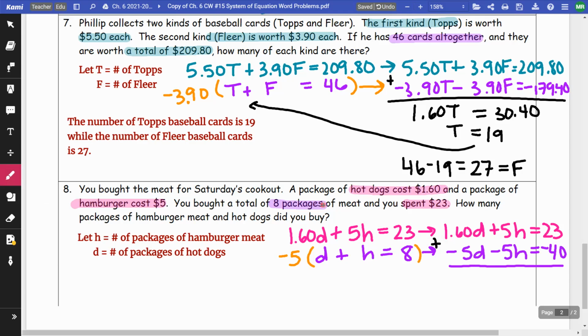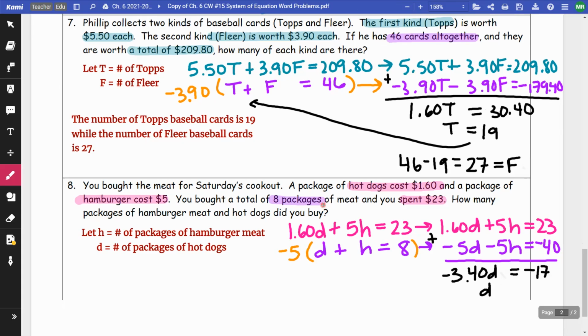And when I take 1.60 minus 5, I end up getting negative $3.40. And when I take 23 minus 40, I get a -17.